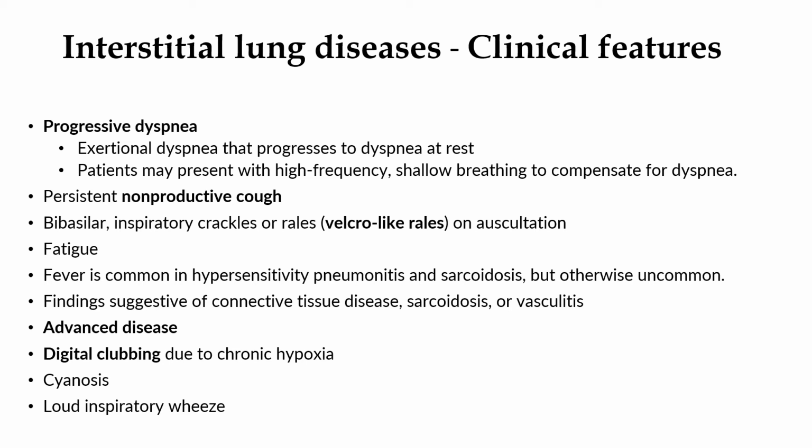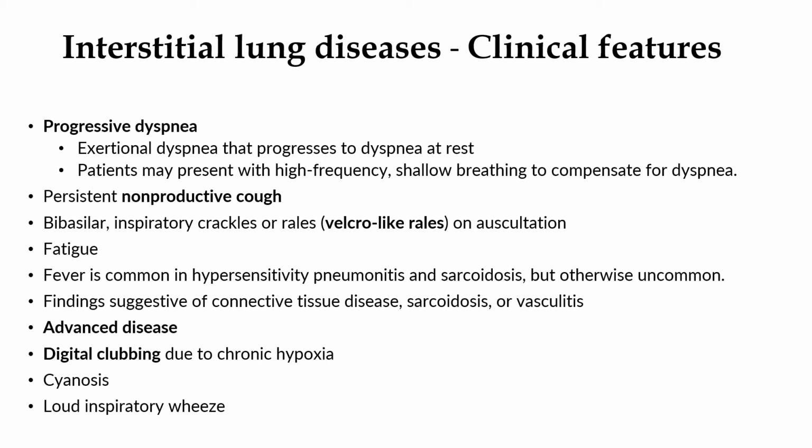First of all, exertional dyspnea that progresses to dyspnea at rest. Patients may present with high-frequency, shallow breathing to compensate for dyspnea. Persistent, non-productive cough, bibasilar inspiratory crackles or rales, Velcro-like rales on auscultation, fatigue.